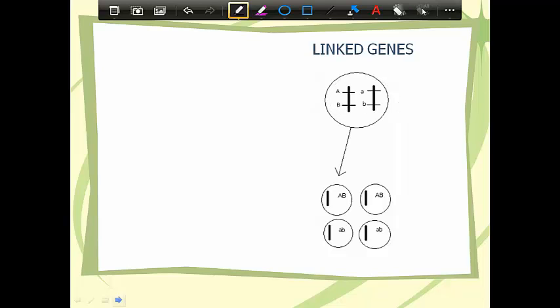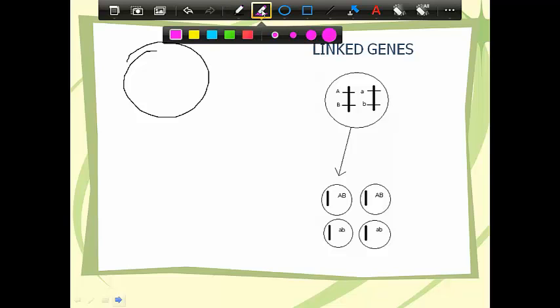So I'm going to start over with my original cell again. I'm going to give them different colors, just like I did before, so that we're going to line them up appropriately. For meiosis 1, remember they made sister chromatids already back in interphase. So now they're lined up for meiosis 1. Chromosome 1 across from chromosome 1, that's a homologous pair.